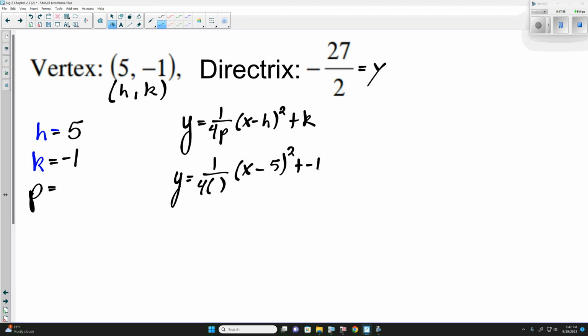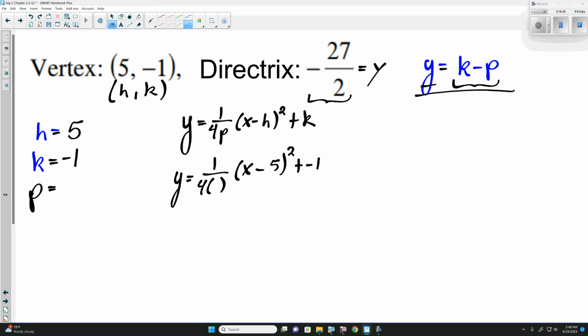Now the directrix general equation was what? Y equals k minus p. And for our problem, we have y equals -27/2. So the y equals do line up, but what does our k minus p line up with? So with our equation, this is the general form of the directrix, yes?